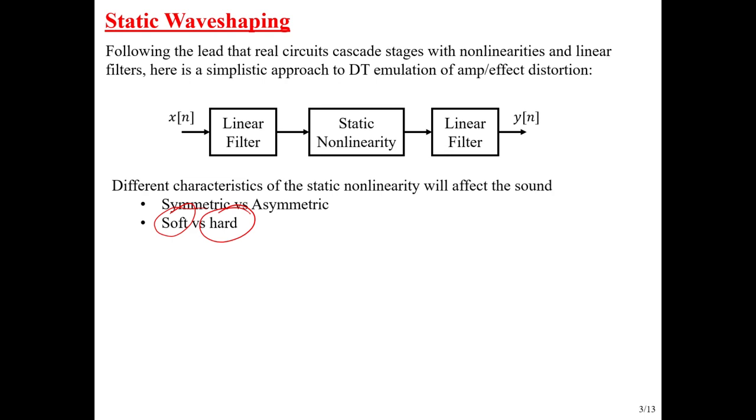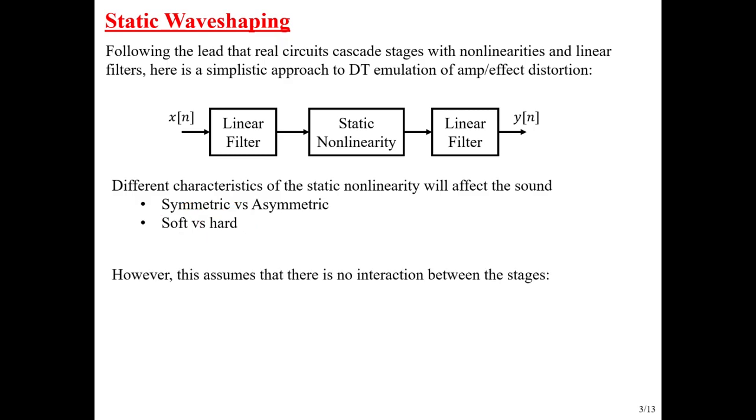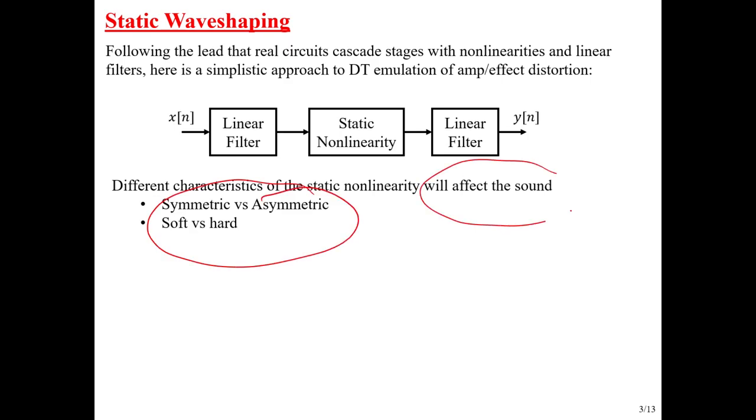It goes up following the nice linear line and then just gets harshly and hardly clipped over. And we'll see examples of each of those. Each of these different characteristics will give different sounds, and we'll explore in this note set how those different effects come to be due to the symmetry or asymmetry and the soft versus hard.